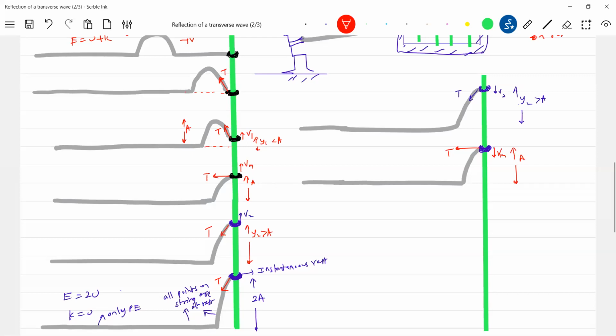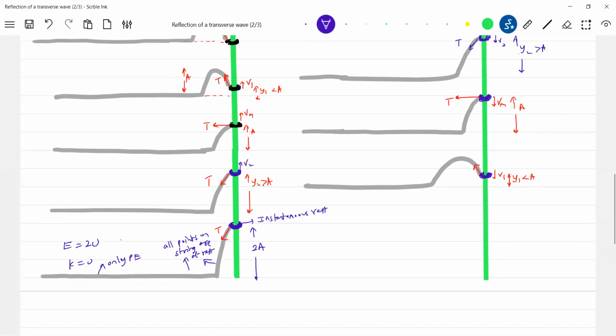Next, further, tension will be in this direction.